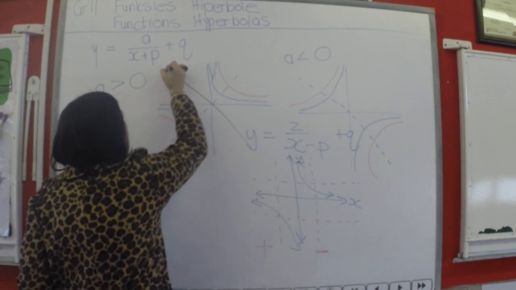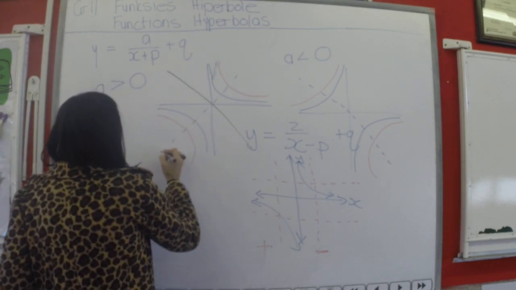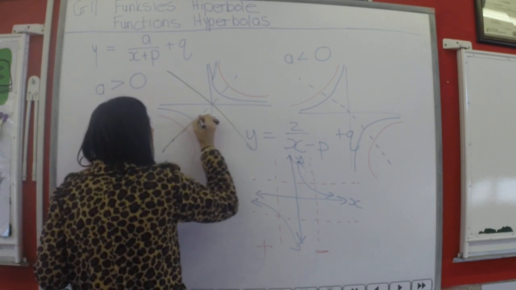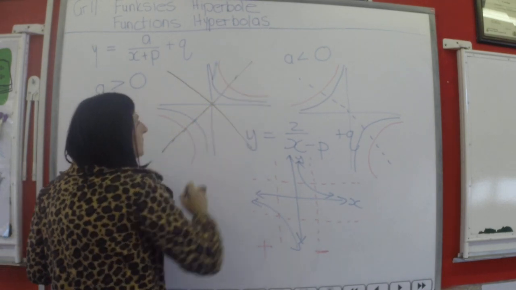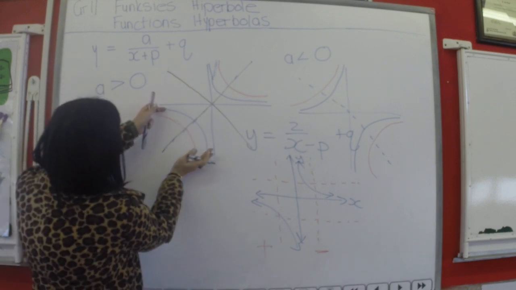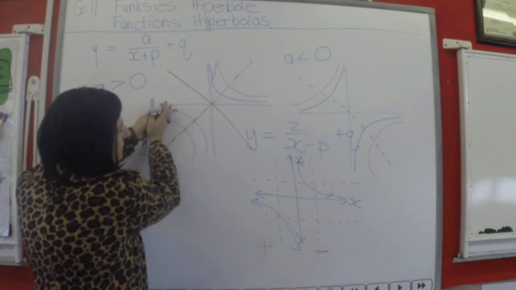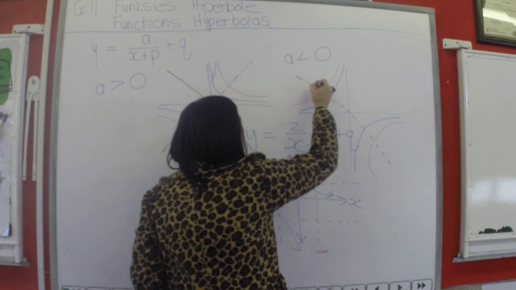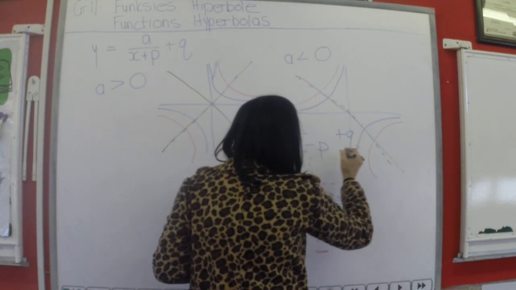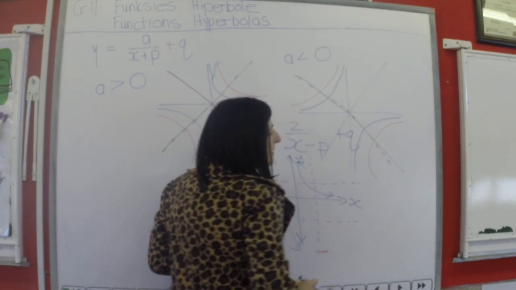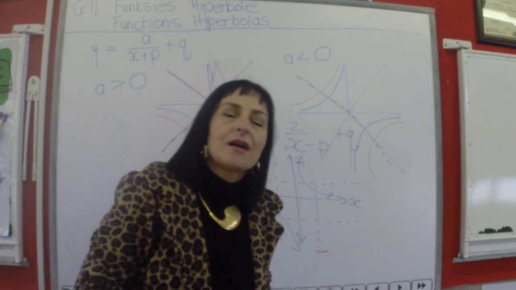So, hierdie lyn is die symmetriese as. Maar as ek die blaai daar gaan vou, dan is dit ook 'n symmetriese as, want dan gaan daai ook op daai lê. Sien julle dit? So, my hyperbole het twee symmetriese asse en twee asymptote.